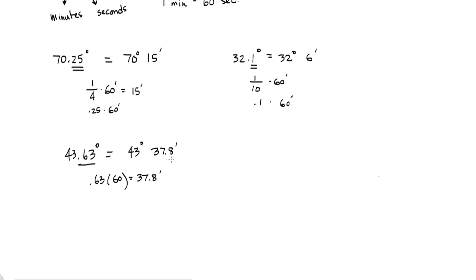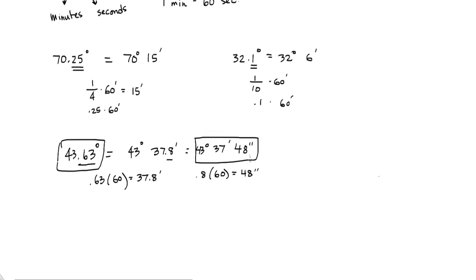So now we have 43 degrees, 37 minutes, and we have 0.8 of a minute. Well, a minute has 60 seconds in it, so what's 0.8 of 60? 48 seconds. So what I've done is I've converted 43.63 degrees into 43 degrees, 37 minutes, 48 seconds.